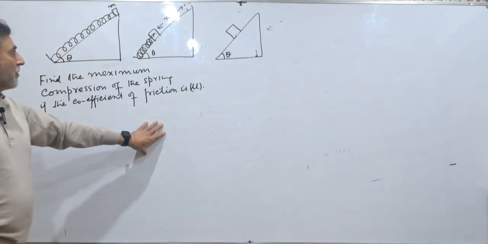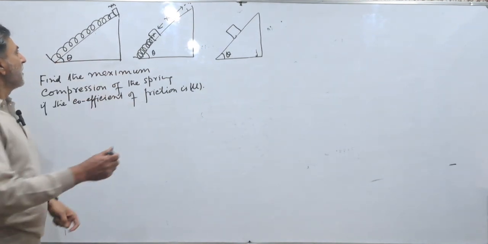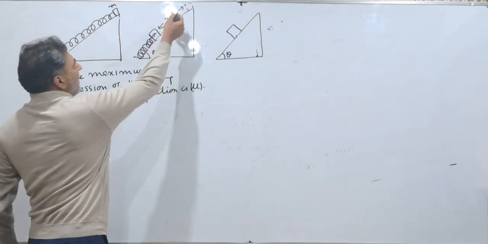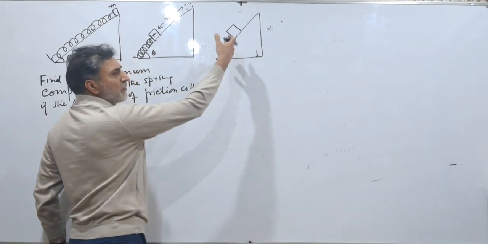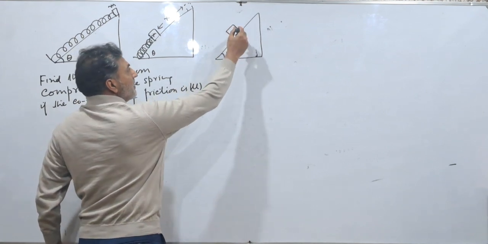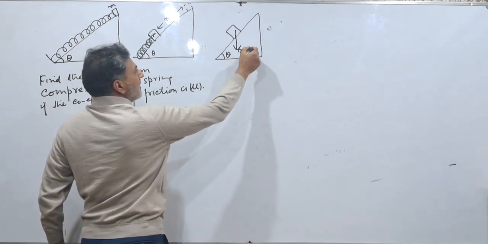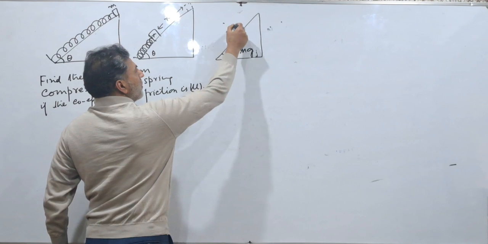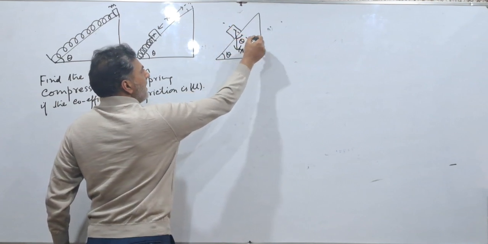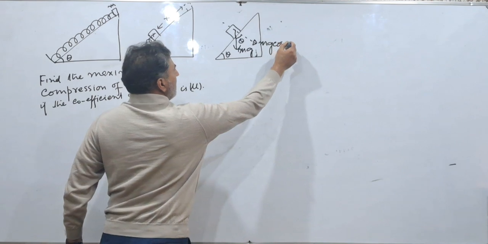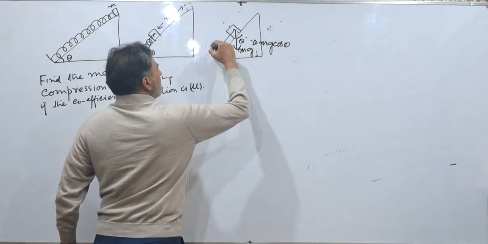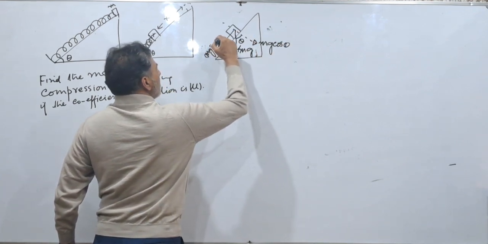So, first of all, the body is here or anywhere. What are the possible forces? For that, I have put the body here. First of all, there is mg. It can be resolved into components: mg cos theta, and from here, mg sin theta.